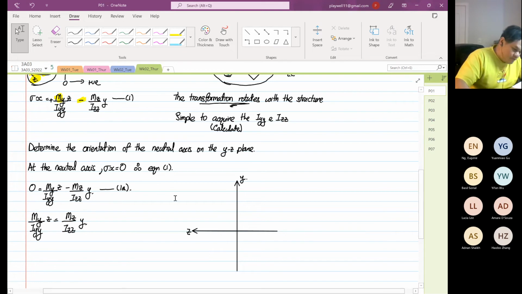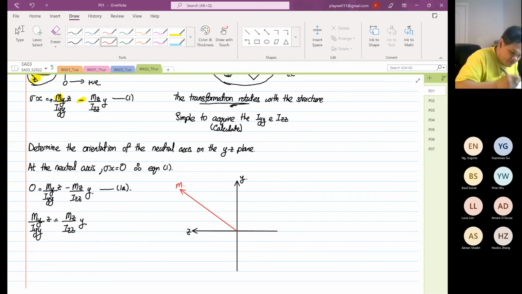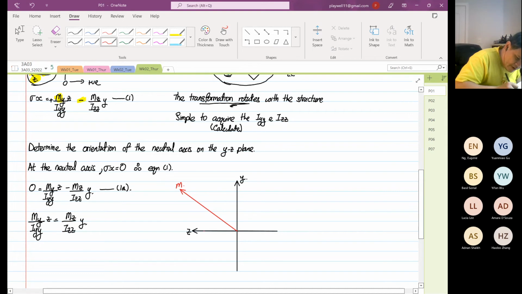The condition to satisfy unsymmetrical bending is that you have a moment, so this is the applied moment. The applied moment has an orientation. This is important: starting from Z, it will rotate in this direction, and this direction is what we call theta.